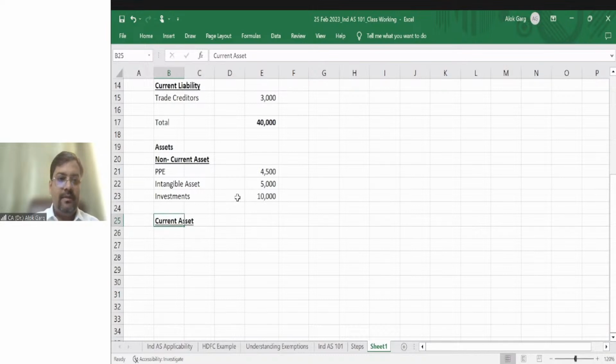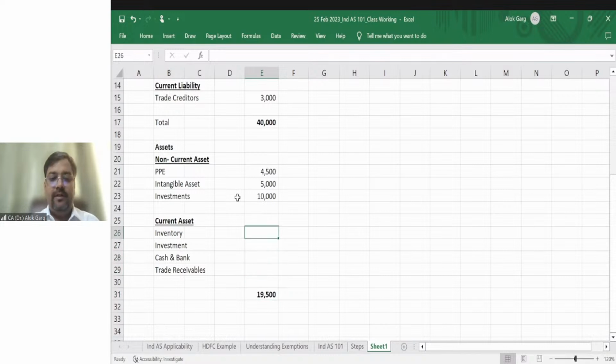Then current asset: inventory, investment, cash in bank, and trade receivable. Inventory is 5,500.